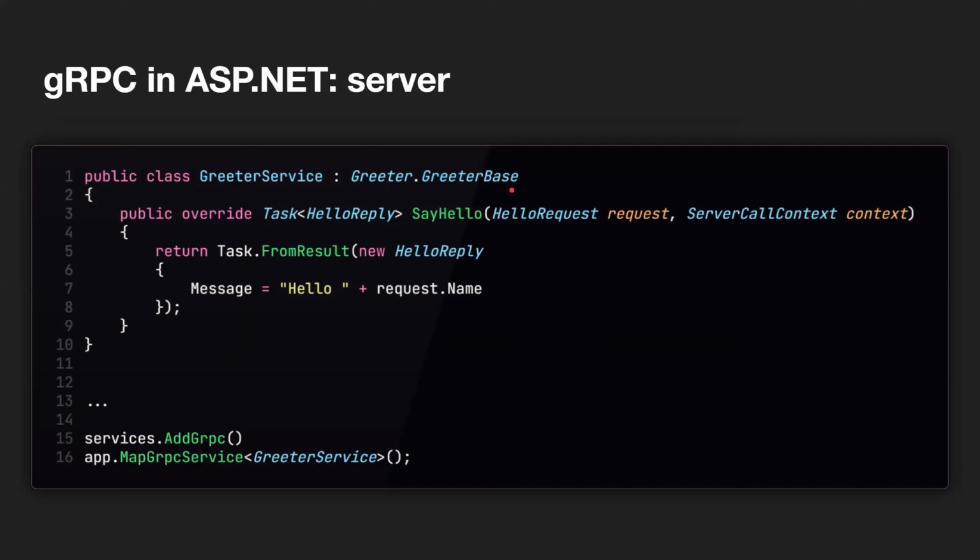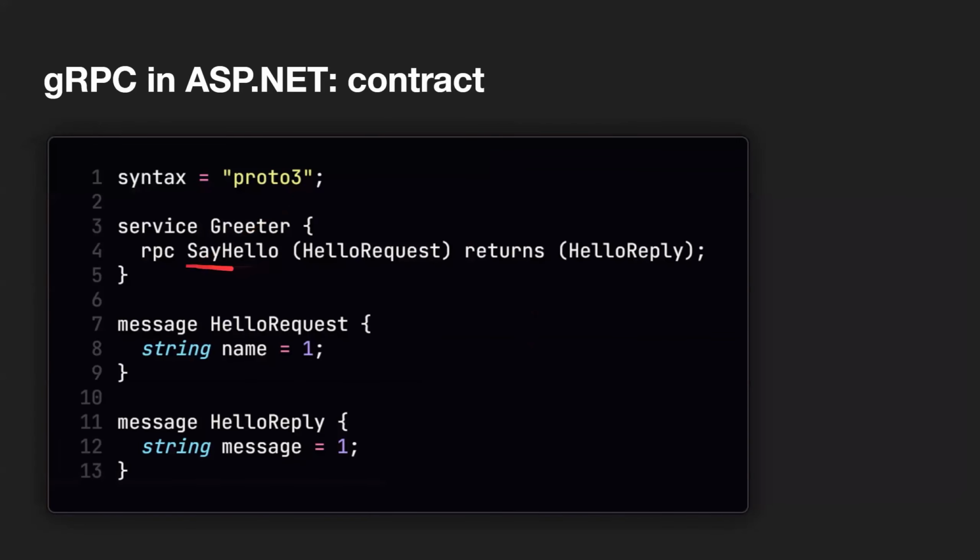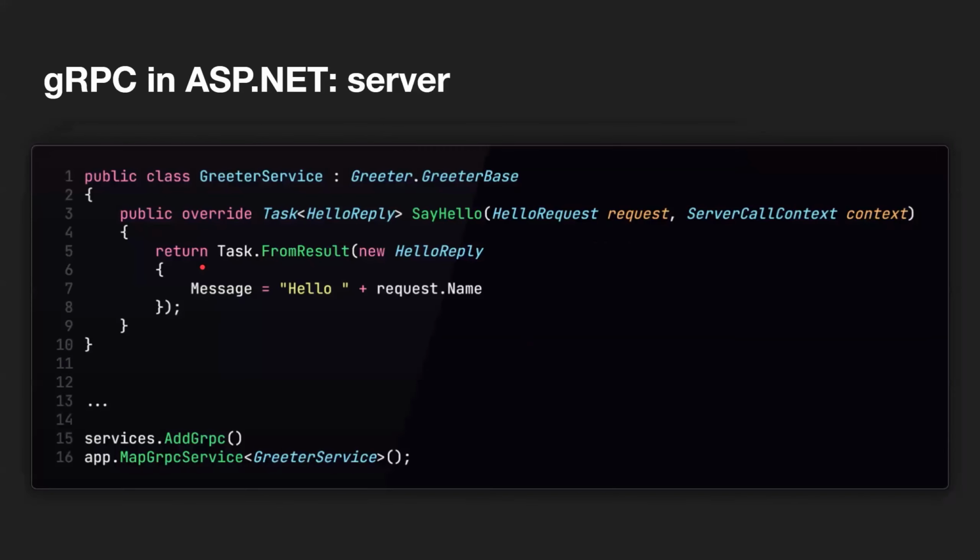And we have to inherit from this class and create a custom service. And in that service, we can override a method for every RPC that we had defined in the contract. So in this case, we had only one RPC, the SayHello. So we can override it in our class as the SayHello method. And inside here, we can implement the business logic, whatever we want to do.